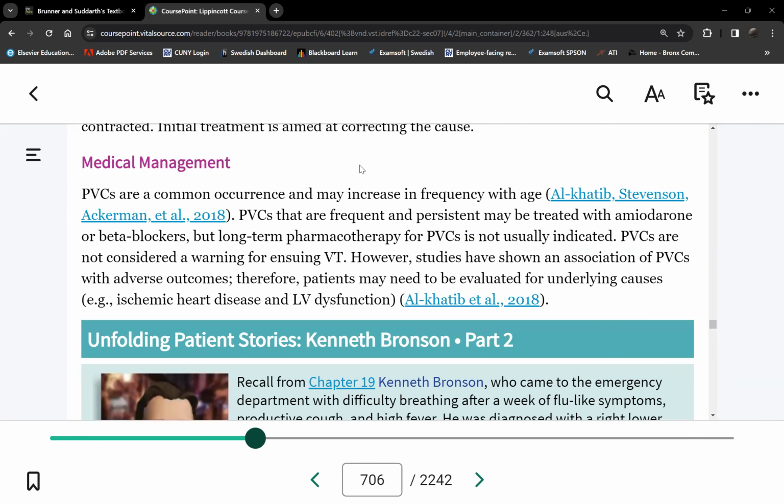So let's manage again, depending on what kind of PVC the patient is having. It also depends on whether or not the patient has symptoms and what the current diagnosis is. What's the underlying disease condition?